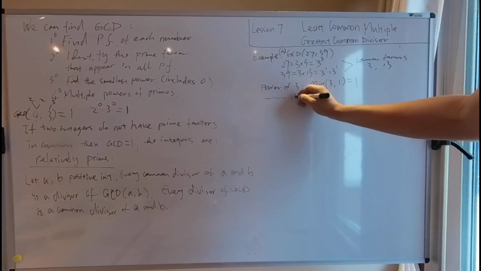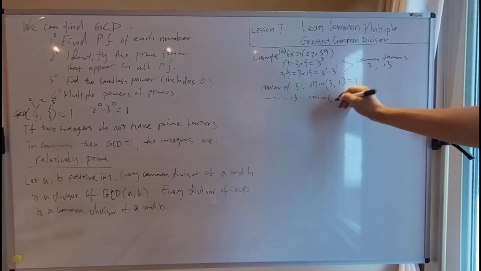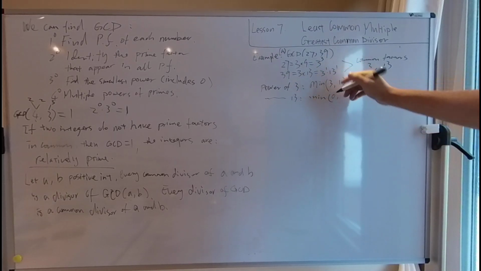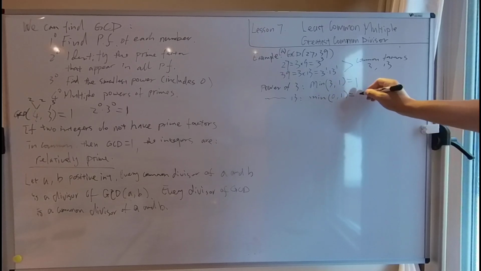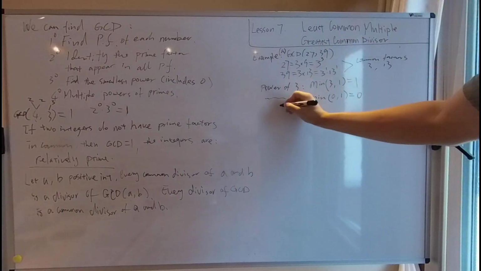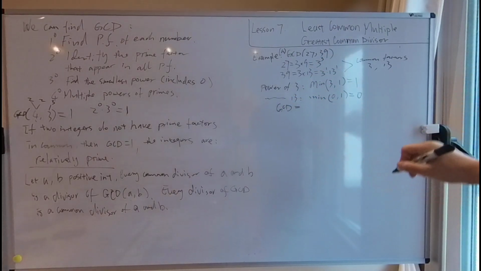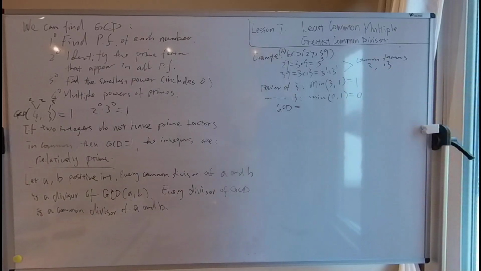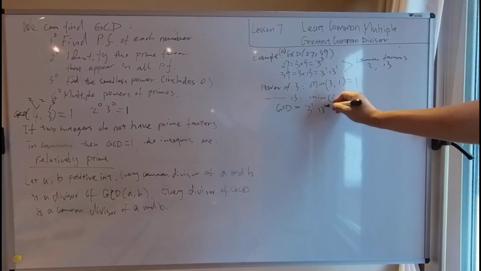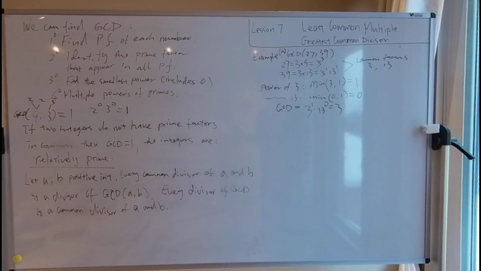And then the power of 13 is the minimum of, there's no 13 over here, so the power is 0. There's one 13 here, so the power is 1. But then the minimum power will be 0. Right, so then the GCD is the possible factors in common and the minimum power, which is 3.